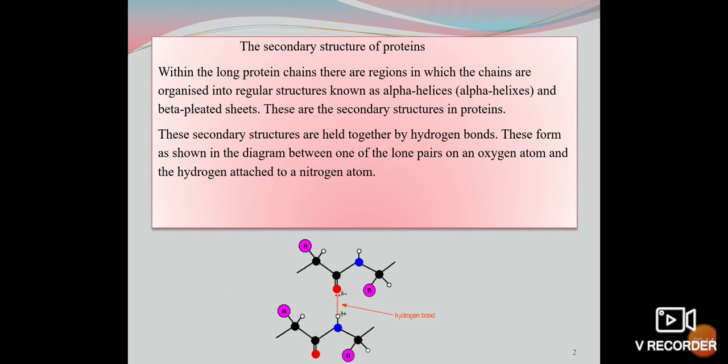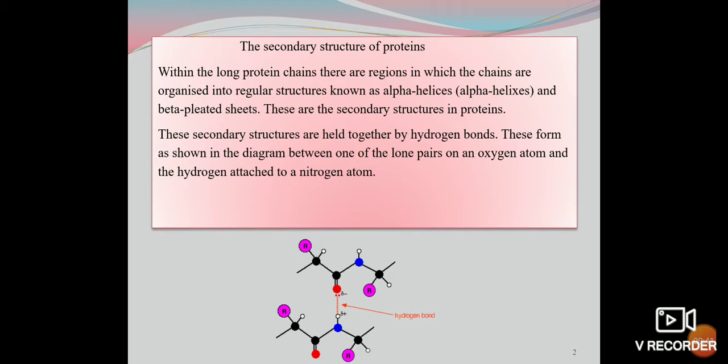We have learnt that proteins exist in three kinds of structures: the primary structure, secondary and tertiary structure. The secondary structure of proteins: within the long protein chains, there are regions in which the chains are organized into regular structures known as alpha helices and beta pleated sheets.